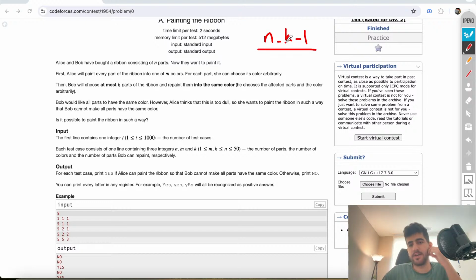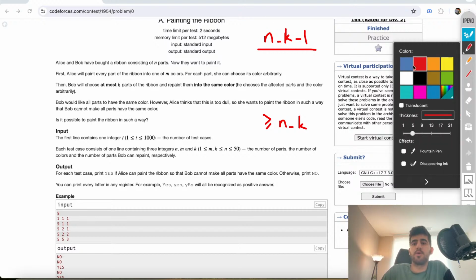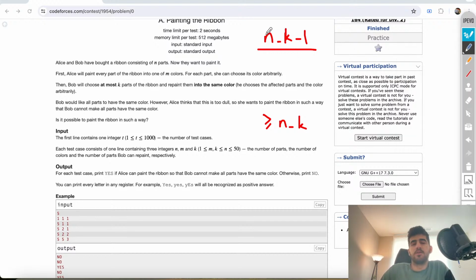I mean, you cannot have more than n minus k minus 1, because if for some color you have at least n minus k of them, then you can change the rest of the cells, because they are at most k, and all of them will be in the same color. So each color can have at most n minus k minus 1 occurrences. So we should multiply this by the number of different colors. So we have m times (n minus k minus 1).